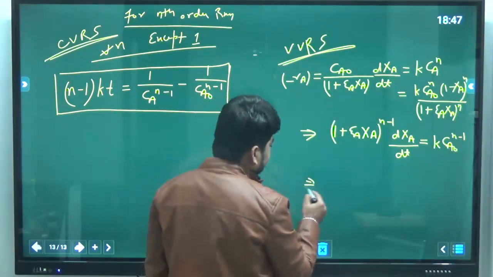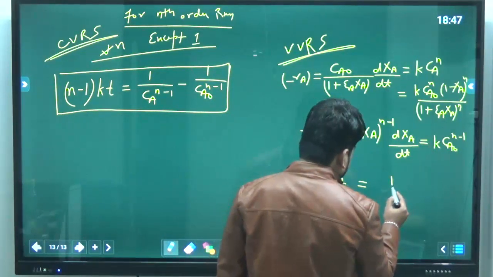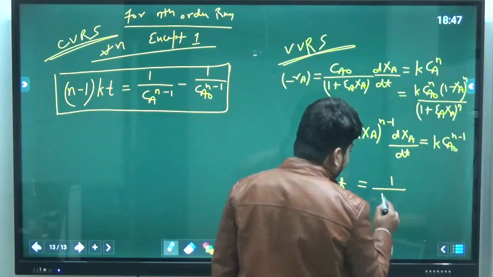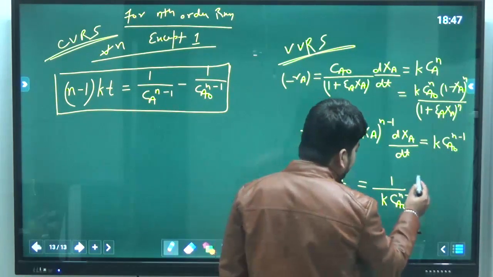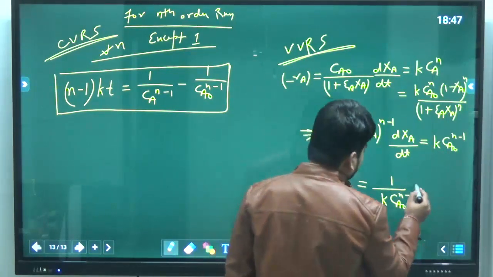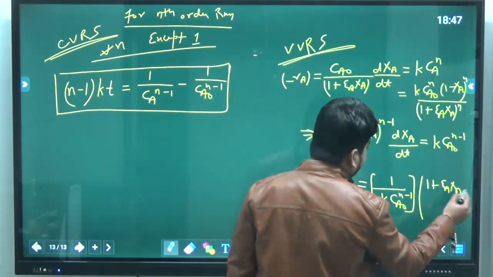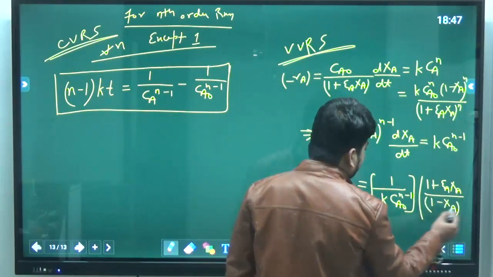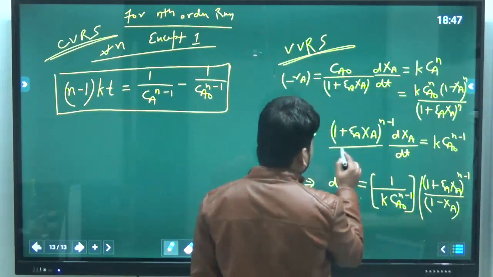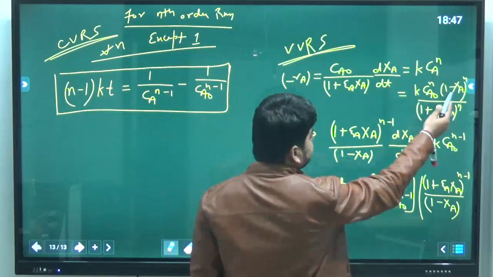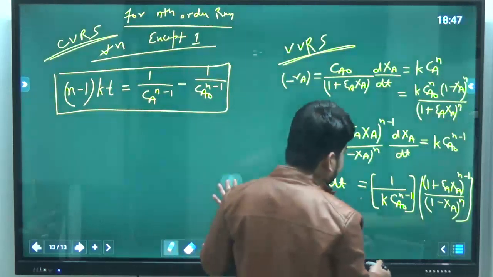Or you can simply say that dt is equal to 1 upon k Ca naught power n minus 1, forget the integration, multiply by 1 plus epsilon A xa upon 1 minus xa. 1 plus epsilon A xa power n minus 1, 1 minus xa power, this 1 minus xa is also there, this into dxa.